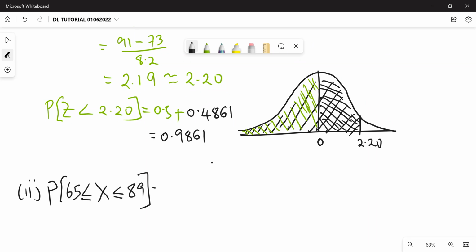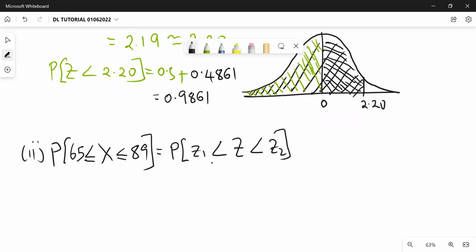So this is now exactly the same as a Z1 less than some Z less than some Z2. I replace those values of 65 and 89 with Z1 and Z2. I need to get a value of Z which corresponds to X is 65, and a value of Z which corresponds to X is 89.